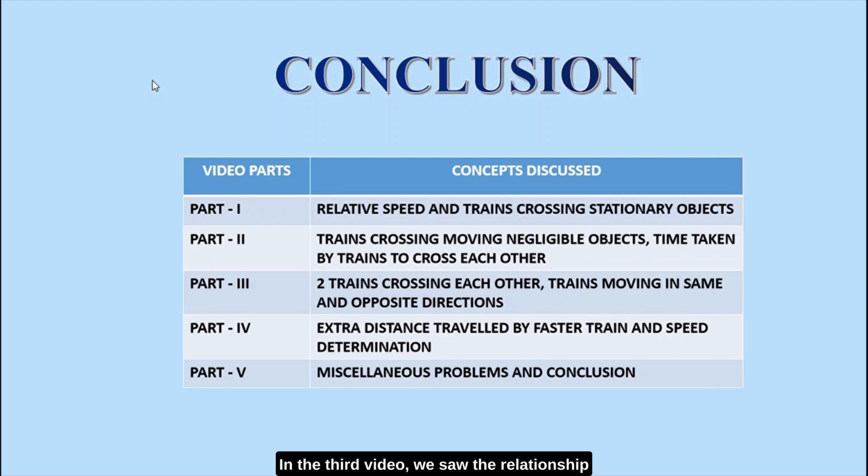In the third video, we saw the relationship between time, speed and distance when two trains cross each other and when two trains start from the same as well as opposite directions. In the fourth video, we solved problems regarding the concept of extra distance traveled by the faster train when two trains travel in opposite directions. In the final video, we discussed some of the miscellaneous concepts related to this topic.